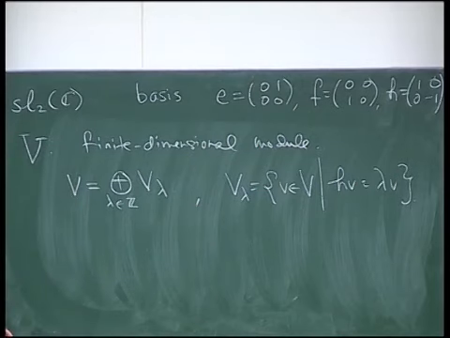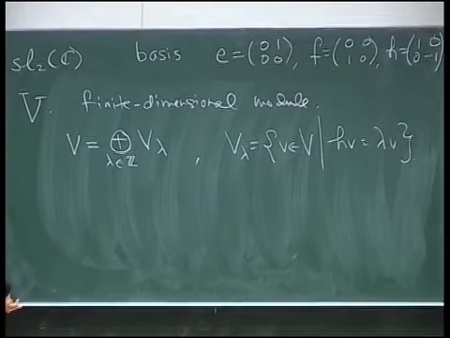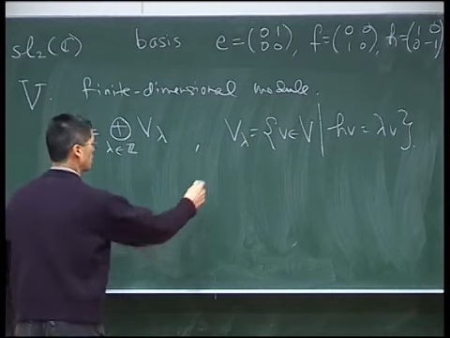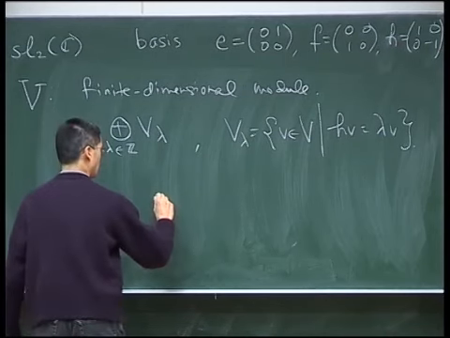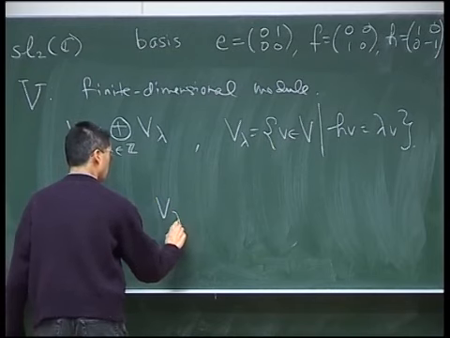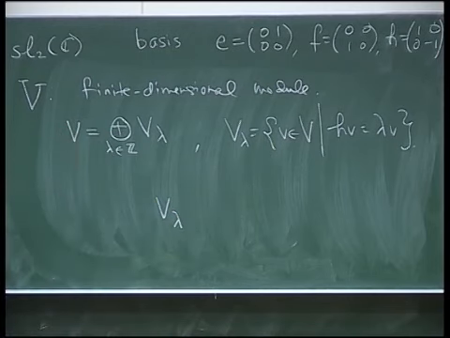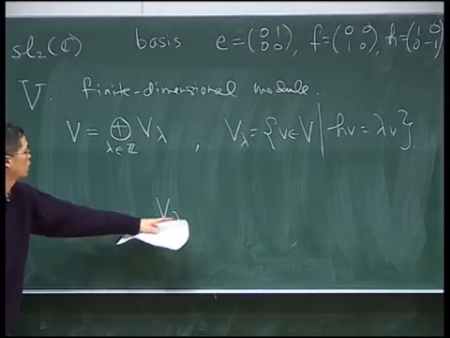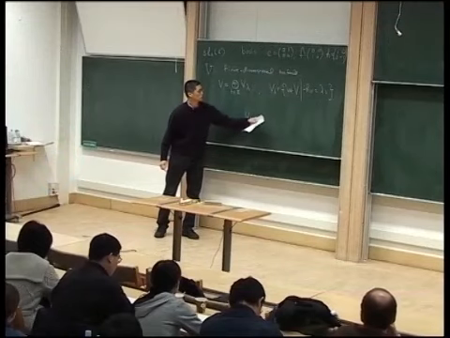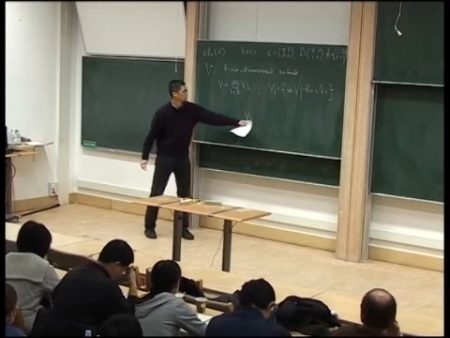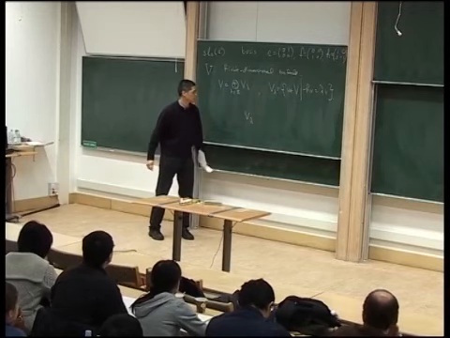And it's going to be convenient to draw pictures like the following in order to describe particular sl2 modules. If we apply E to a vector in the lambda weight space, then we increase the eigenvalue of the action of H by 2.